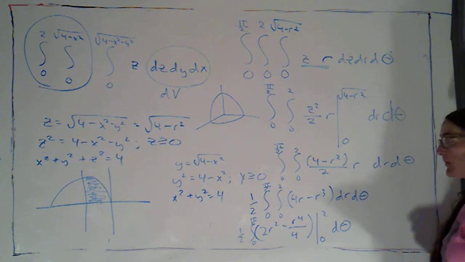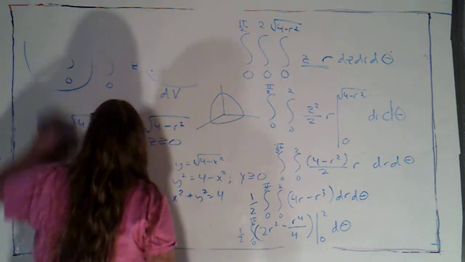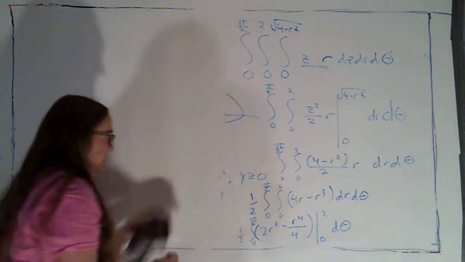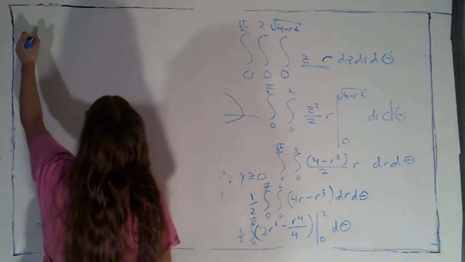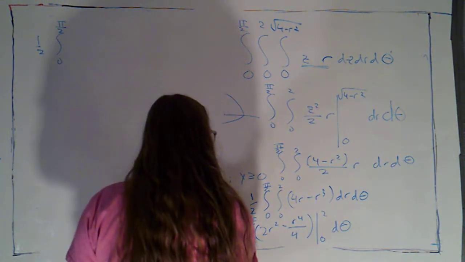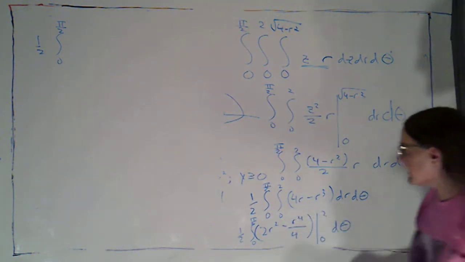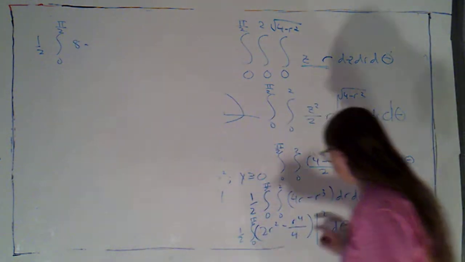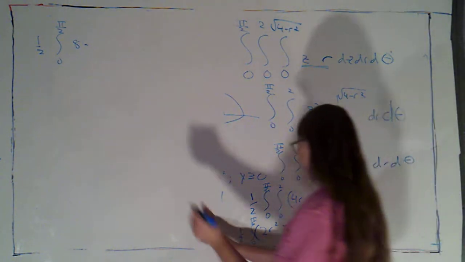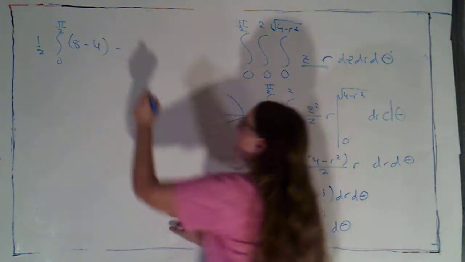Let me just clear some space, and we'll finish this up. So we've got 1/2 integral from 0 to pi over 2 of, when I plug in 2, I'm going to get 2 times 4 is 8, minus 2 to the 4th is 16, divided by 4 is 4, minus, when I plug in 0, I just get 0.